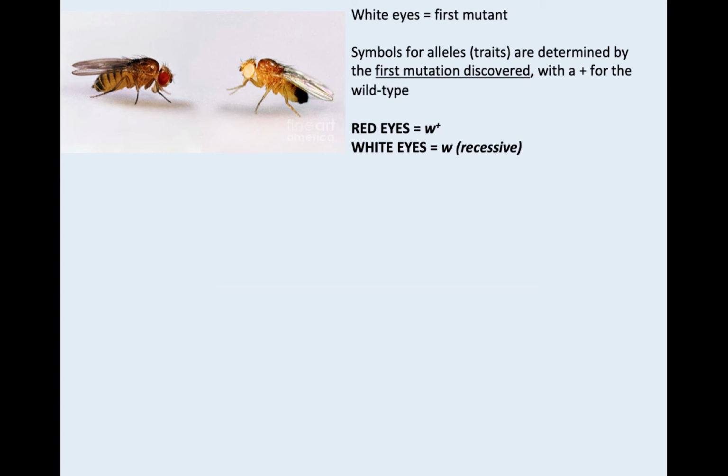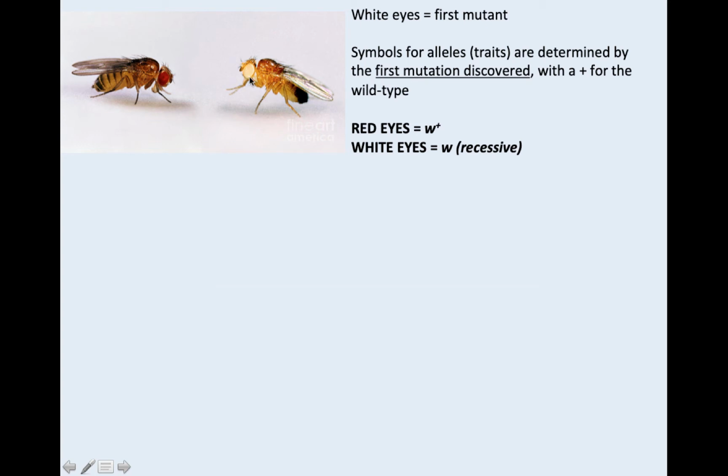Okay, so the normal wild type is red eyes. Here's a female with red eyes. There she is. Isn't she beautiful? And the first mutation that was found in eye colour was white eyes. And here's a male. There is his little abdomen there. They're obviously deep in conversation. And he's got white eyes.